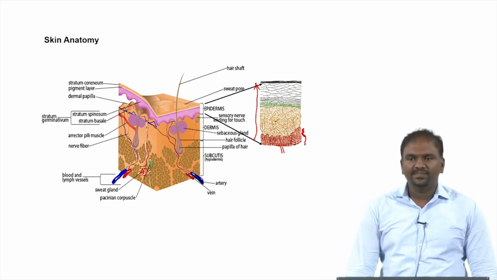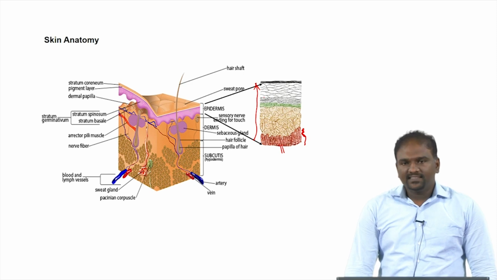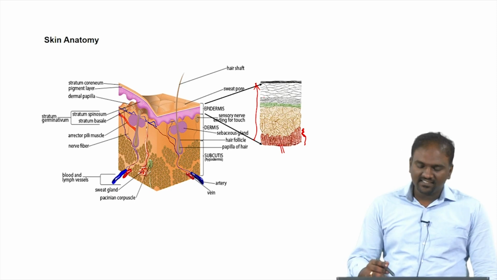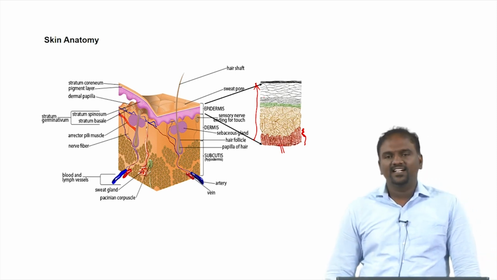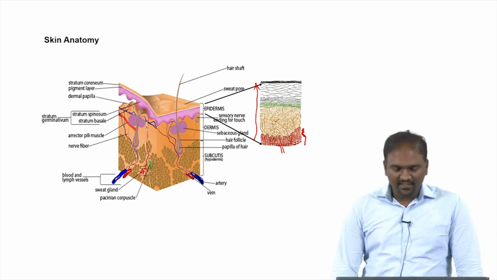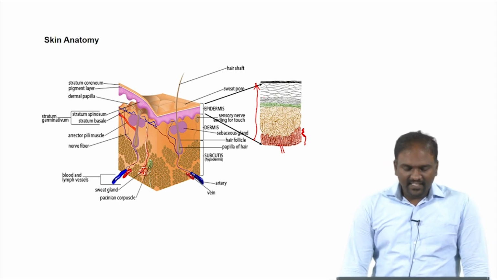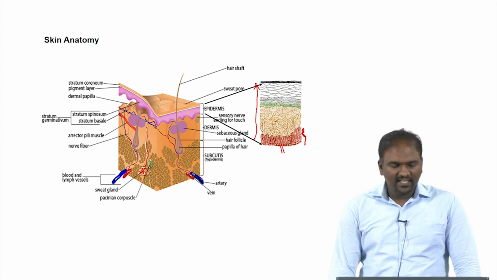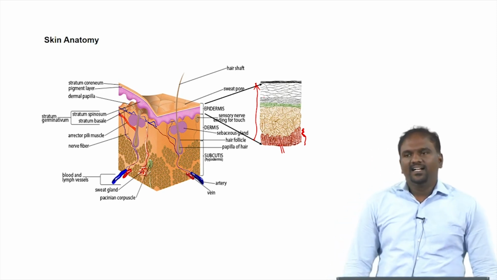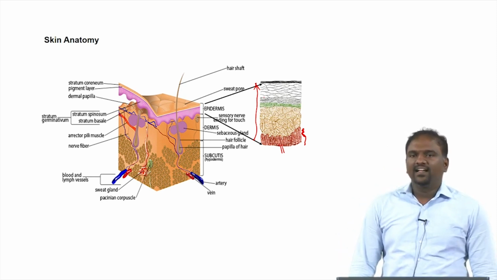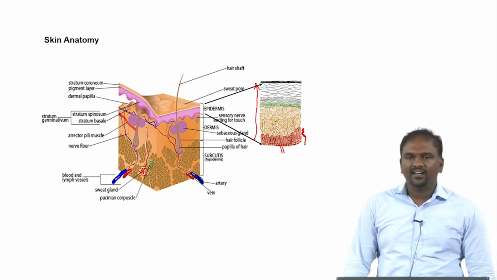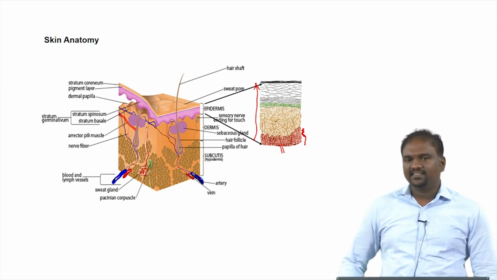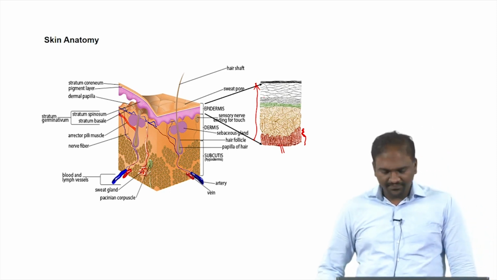In the stratum spinosum, the epithelial cells get keratinized, and apart from keratinocytes we have melanocytes, which are responsible for the color of the skin. The next layer is the stratum granulosum, where cell flattening happens. Finally we have the stratum corneum, the final layer of the epidermis, which sheds old cells.